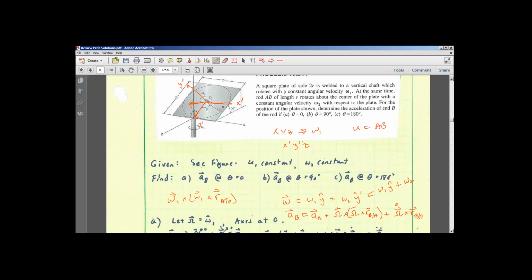Okay, well, how did you set your capital omega? That's the thing. Okay, so if you did with both, then you shouldn't have had any rel term.